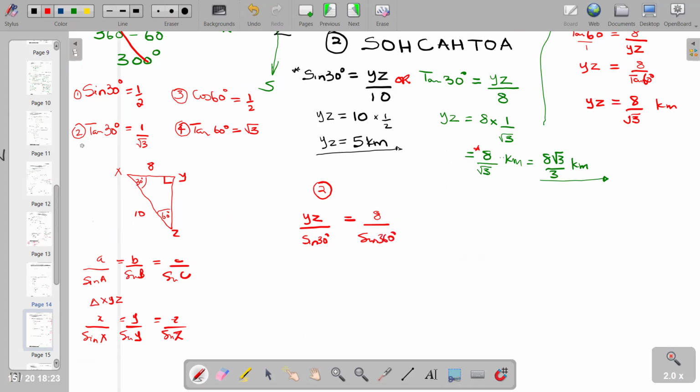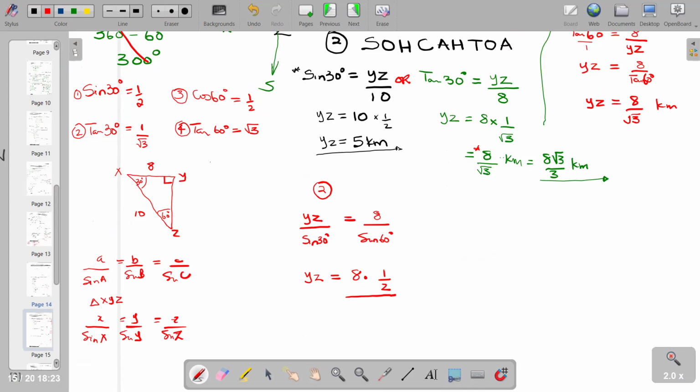So our YZ is equal to 8 times sine 30, which is established as a half, divided by sine 60 degrees.